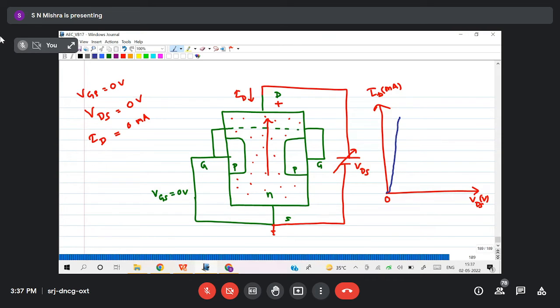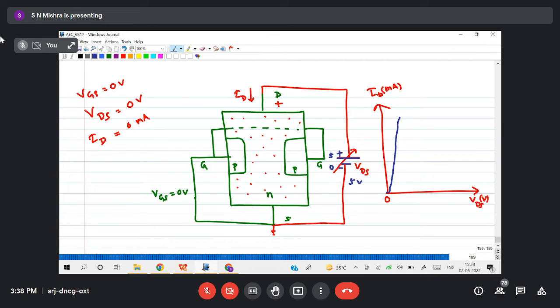Now simultaneously what happens? Suppose I am giving 5 volt here. Now I have connected 5 volt here. That means the potential difference between this and this is 5 volt. Yes or no? This is plus, this is minus, so I can say this is 5, this is 0. So the potential difference is 5 volt.